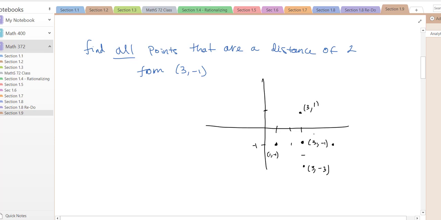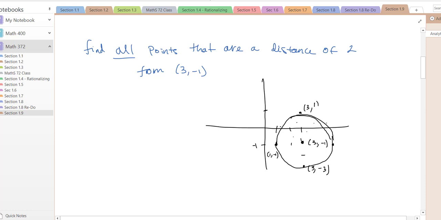So these 4 points are a distance of 2, but are those the only ones? No, right? I can have points all along here, and that's what creates the circle. Normally I like to draw my circles first and then put the center and the radius, but bear with me as I draw this. That's what a circle is.